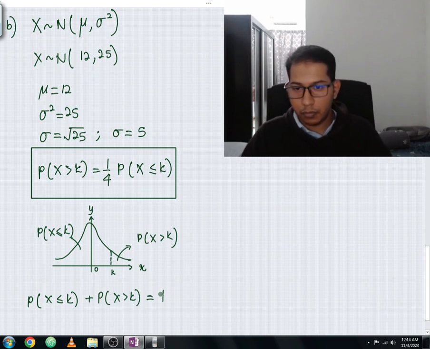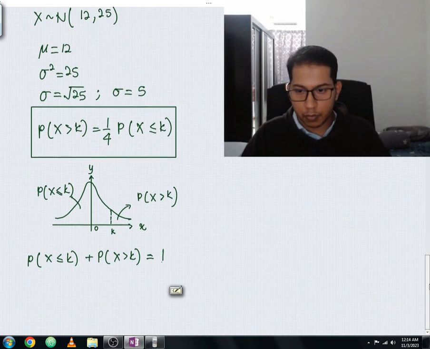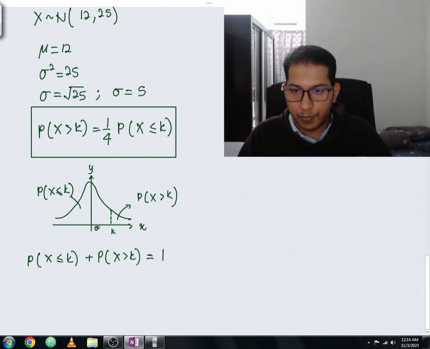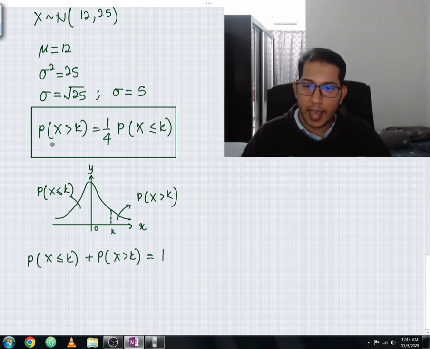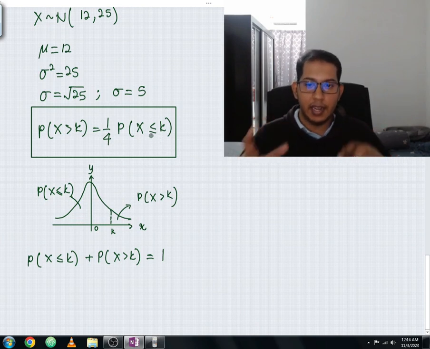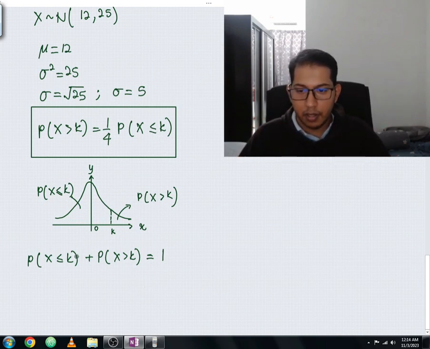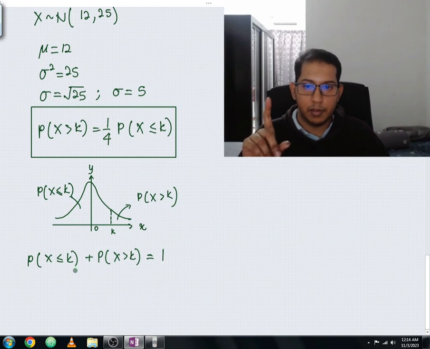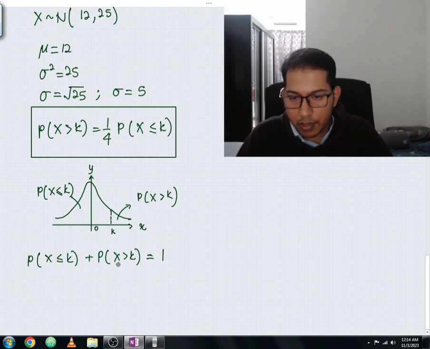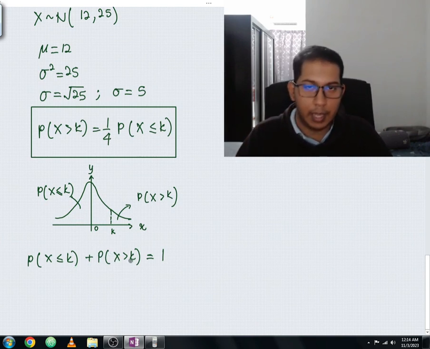Since we have the relationship where probability x more than k is equal to 1 over 4 probability x less than or equal to k, we're going to standardize this equation into one single variable.